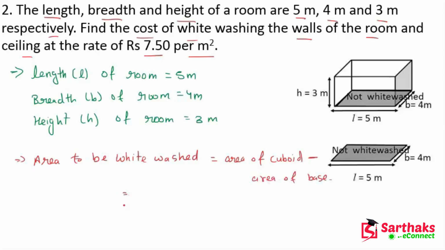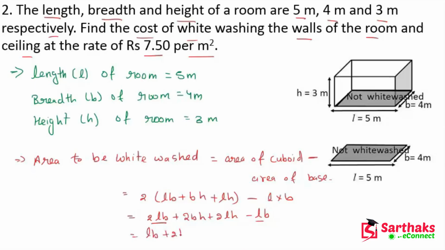And we know that area of cuboid is 2 into (LB plus BH plus LH), minus this will be L into B. If we multiply 2 in the bracket, we get 2LB plus 2BH plus 2LH, minus LB. Here we have 2LB and here is single LB, so we can write LB plus 2BH plus 2LH. Okay, now put the values of L, B and H in the formula.